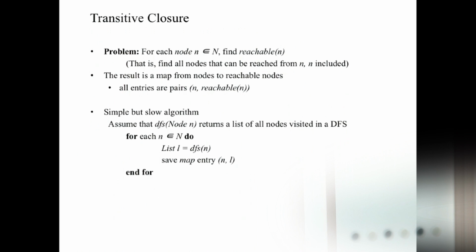And next, we have an algorithm with the name of transitive closure. The transitive closure is if for every node in your graph, you want to find what are the reachable nodes. Instead of finding the set of reachable nodes for one single node, you want to find the reachable nodes for all the nodes in your graph.